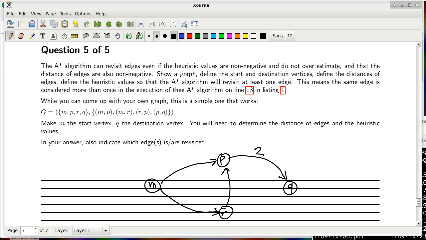So let's see. I'm trying to run the algorithm in my head first to make sure that the values would work.